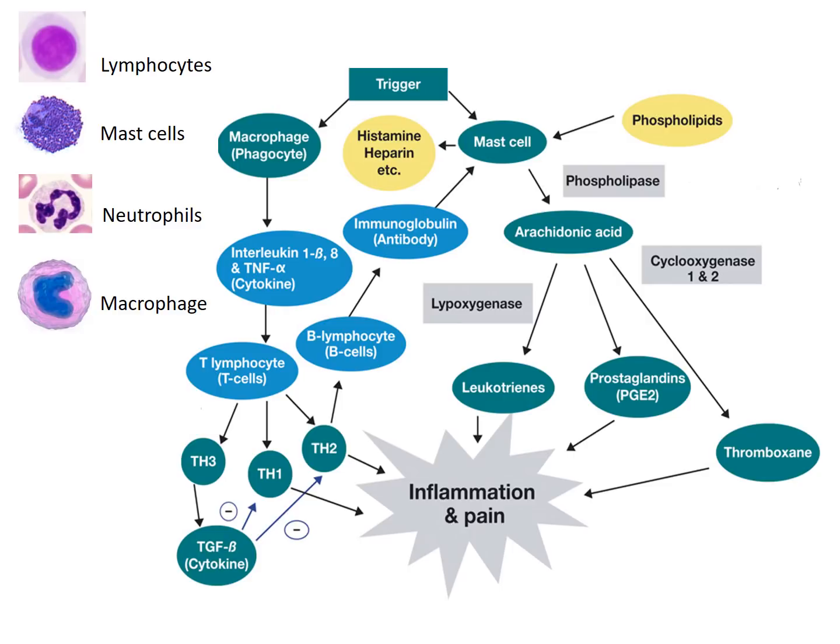We have inflammatory mediators that are protein by nature, and we have inflammatory mediators that are lipid by nature. On the left side here, you see things like interleukin, TNF alpha, and immunoglobulins.